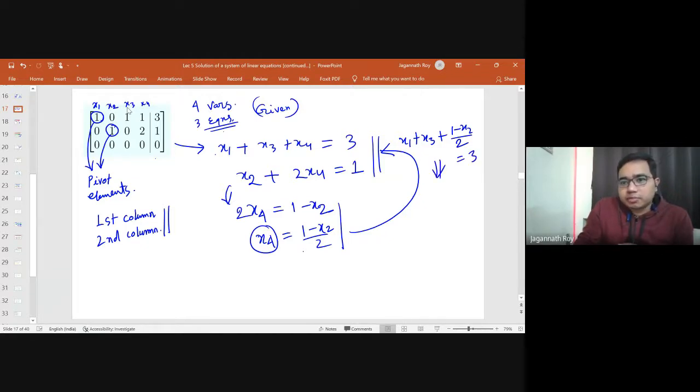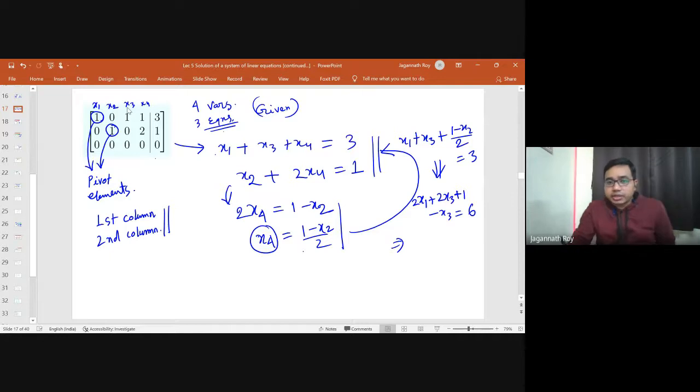Just to simplify it, 2x1 plus 2x3 plus 1 minus x2 equals 6.